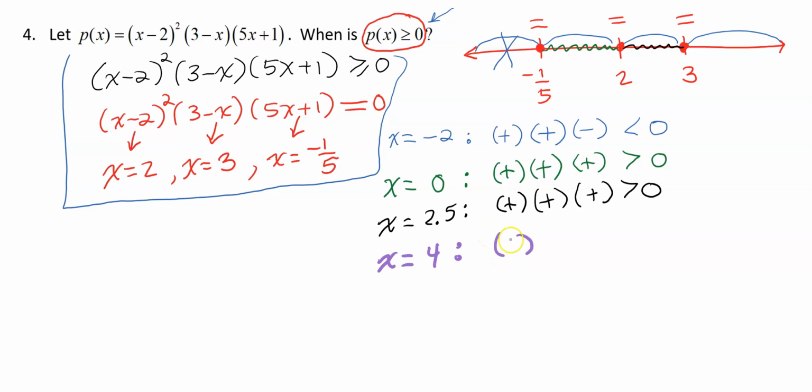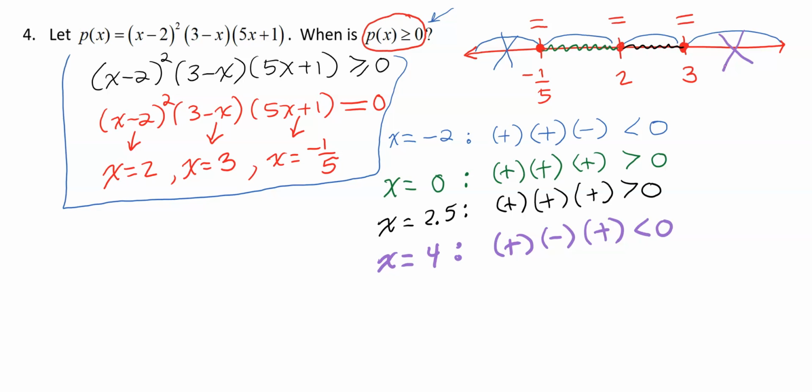Positive 2 squared is going to be positive. 3 minus 4 is a negative number. And then 5 times 4 plus 1 is going to be positive. Two positives times a negative is going to be a negative number. So this will not work.